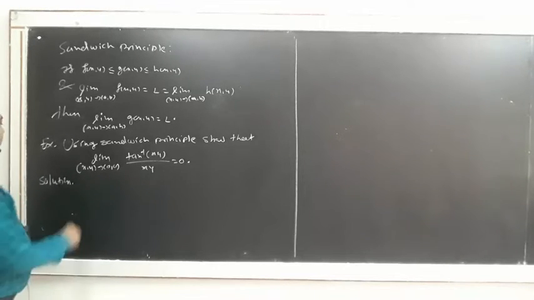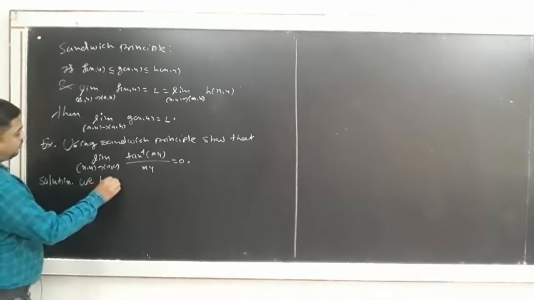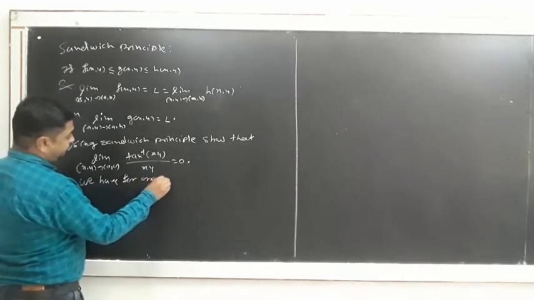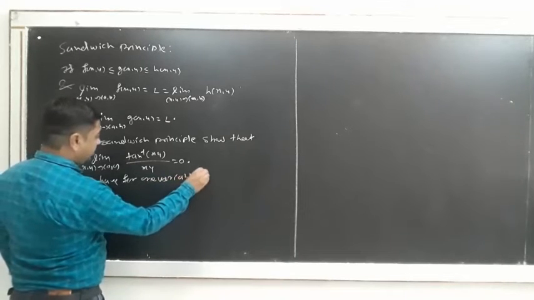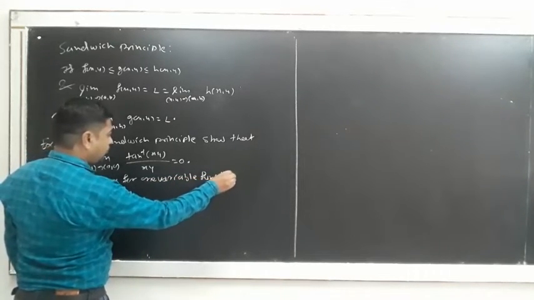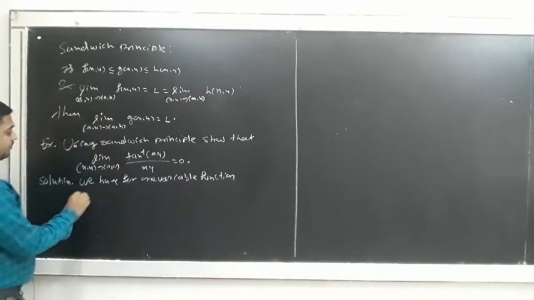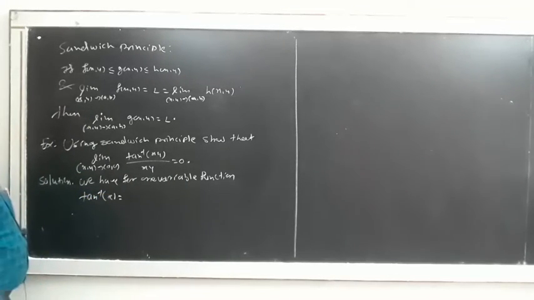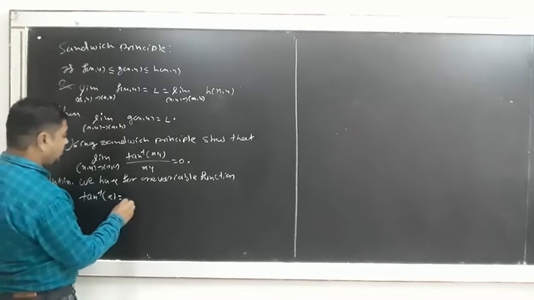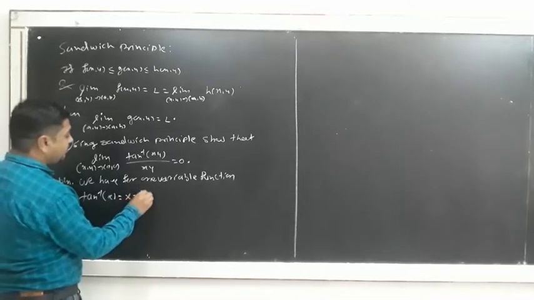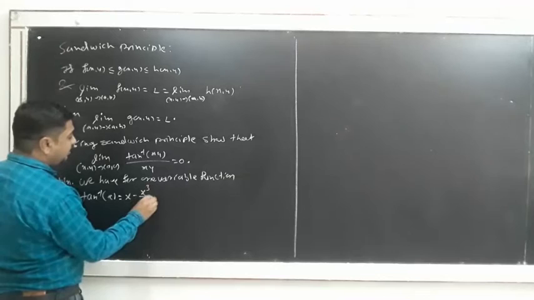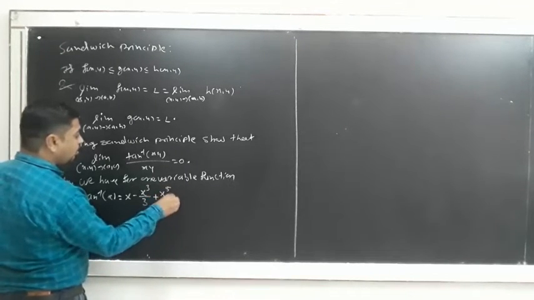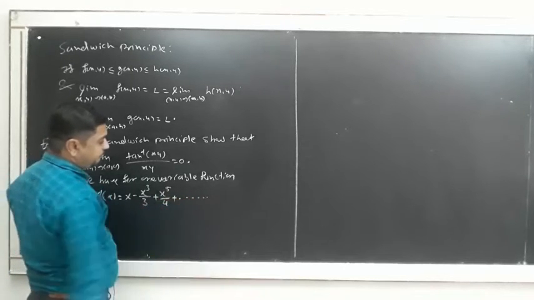So what we can write, we have for a one variable function, tan inverse of x is equal to the series x minus x cube by 3 plus x raised to 5 by 5 plus and so on.